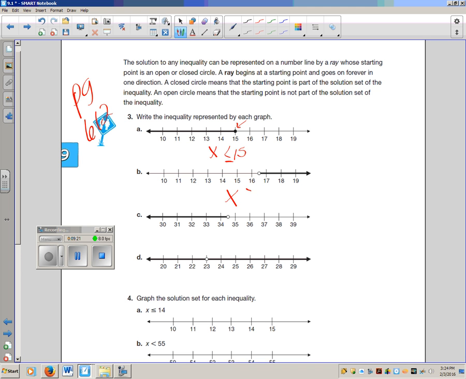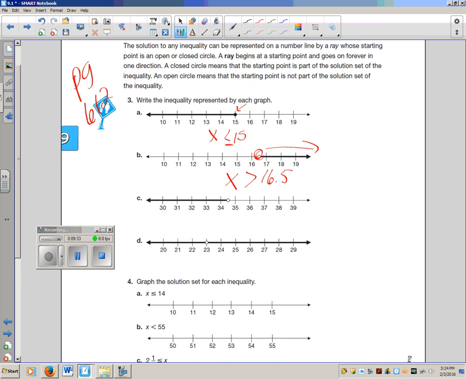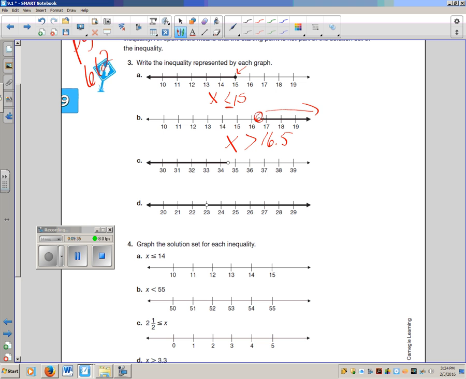This time it's greater than 16 and a half. Notice that the circle is open. It's not equal to, it's only greater, and it's going to the right. C, we're going left. X is less than. Once again, it's an open circle, so you should write x is less than 34 and a half.